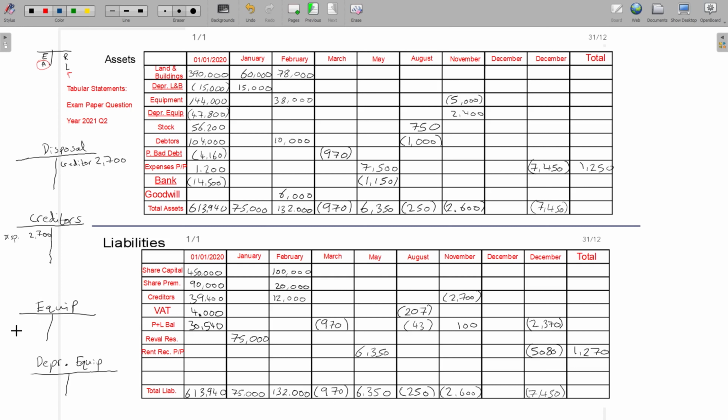For equipment, if we're getting rid of equipment that we bought for 5,000, then it would be reducing our asset, which would be a credit. So that's also going to disposal. So coming from equipment is 5,000. Depreciation of equipment. So the depreciation we said was 2,400.